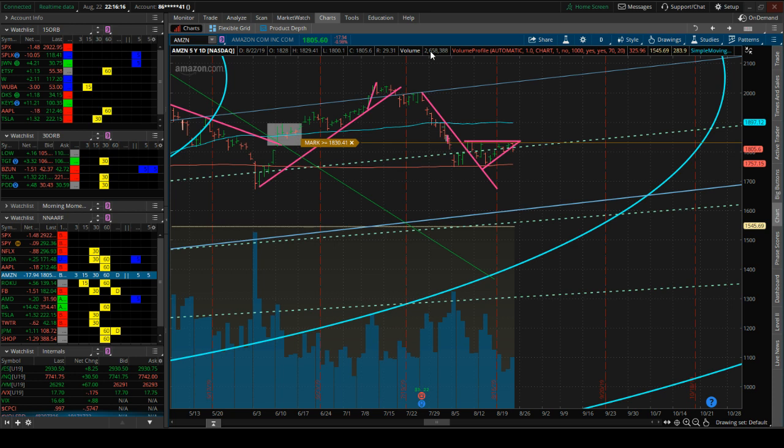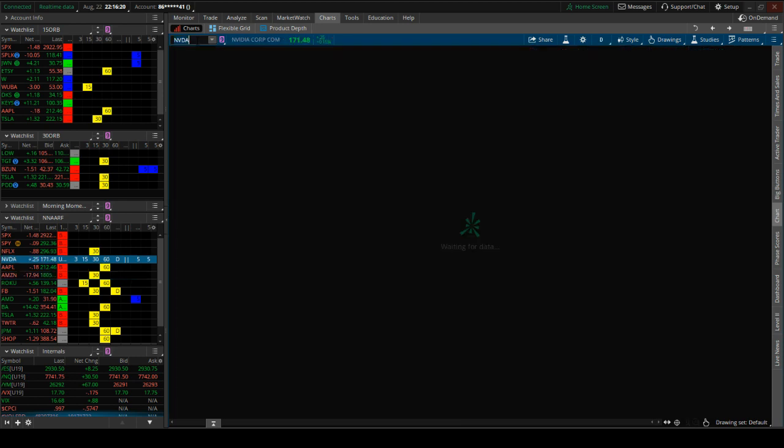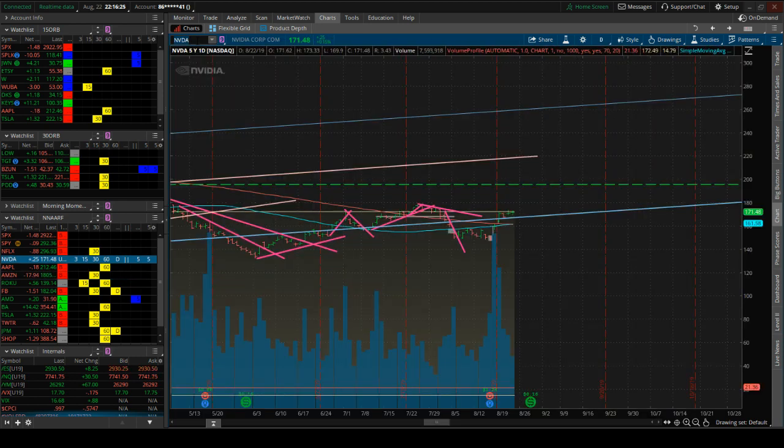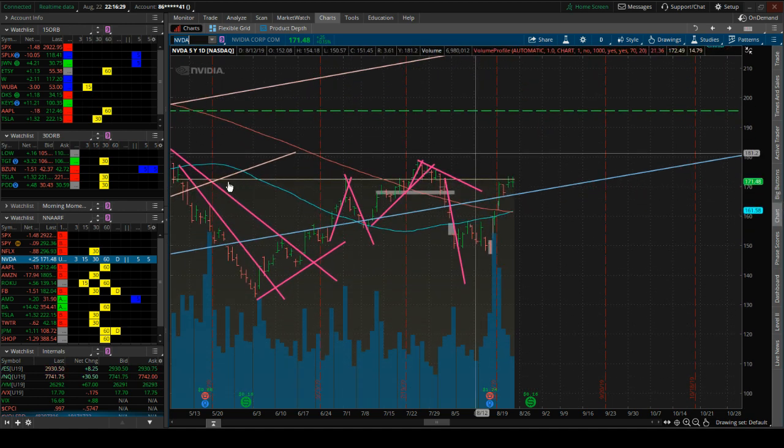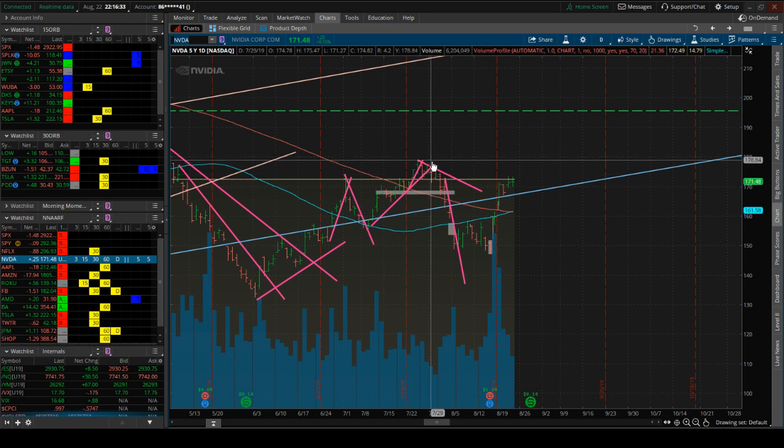Karkuki, what's happened? NVIDIA. Volumetric resistance right here, guys. Look at that nice little cup and handle, oh, break, tried, failed, down. So it's giving us another kind of double bottom right here. U-top, possible. So watch this thing.